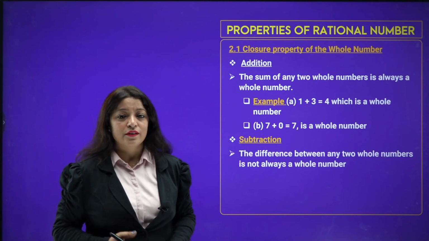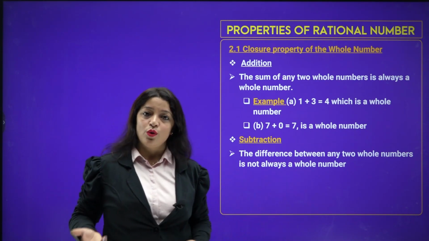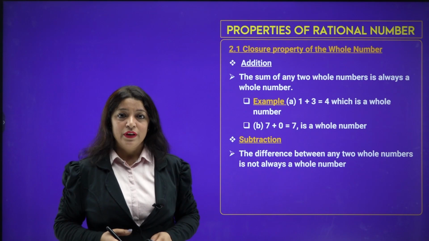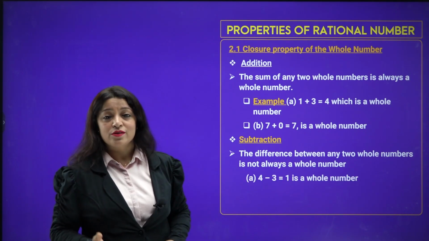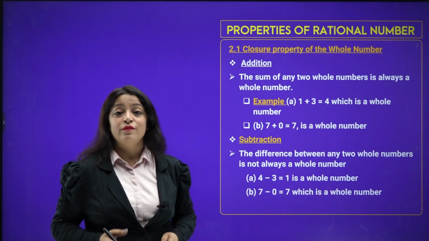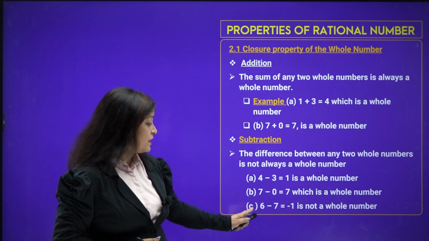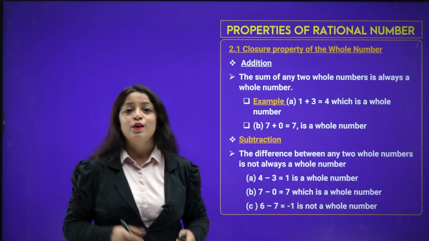So we can say here the difference between any two whole numbers is not always a whole number, it may be different also. As in the example we have seen, it was an integer. For example, 4 minus 3, that is 1, is a whole number, and 7 minus 4 is 3, which is a whole number. Also, if I take 6 minus 7, I get negative 1, which is not a whole number.